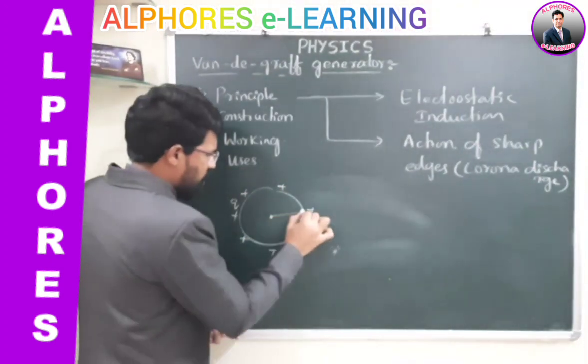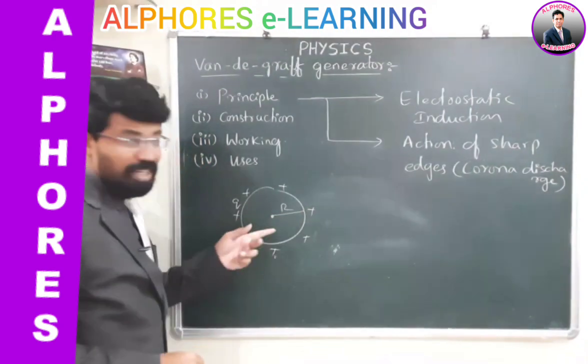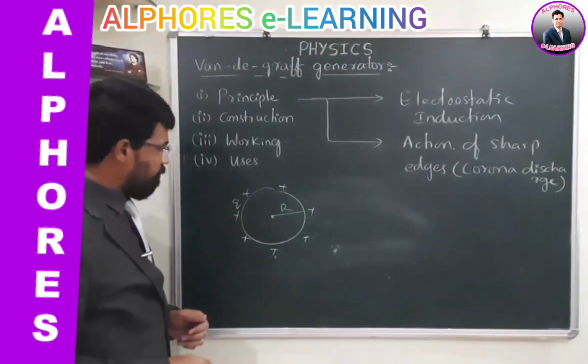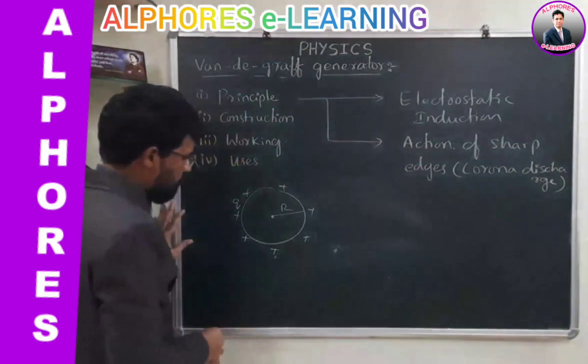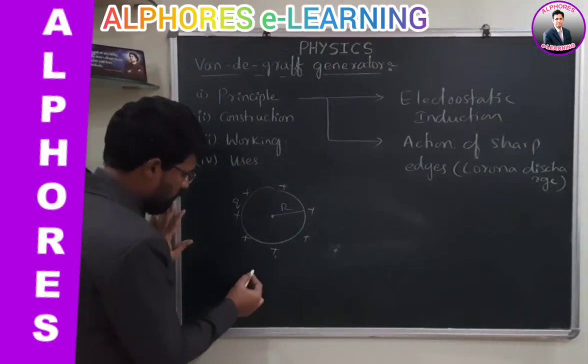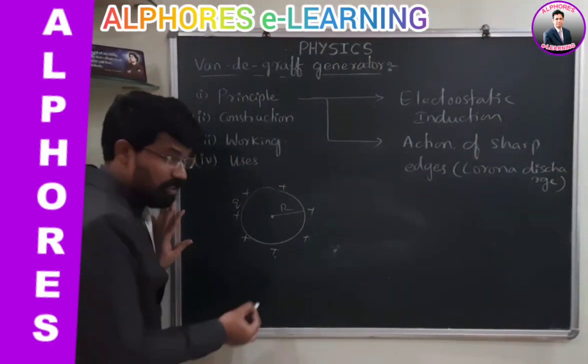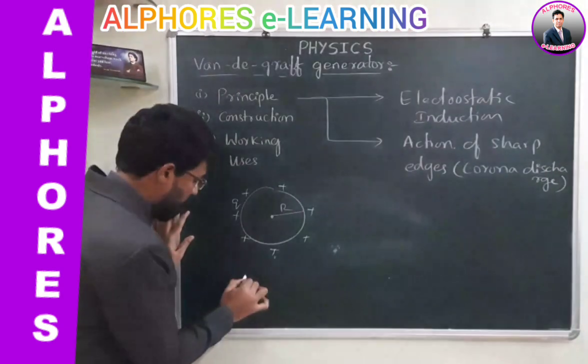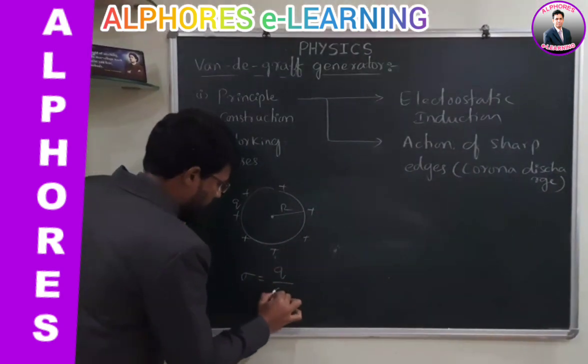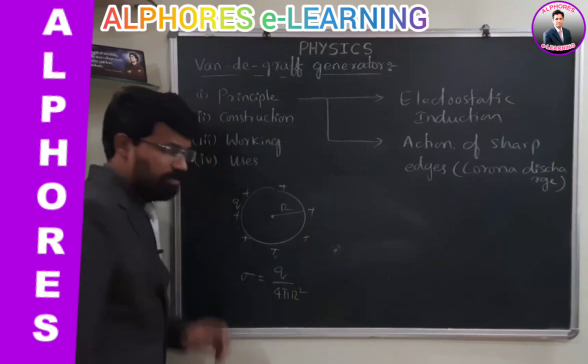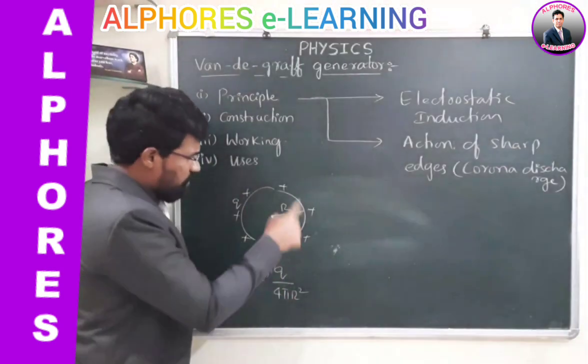Let us assume the radius of this small solid conducting sphere as r. If I wanted to talk about surface charge density, how can it be written here? Surface charge density is usually expressed with sigma. Sigma is equal to total charge by 4 pi r squared, isn't it? What about the potential of this one?